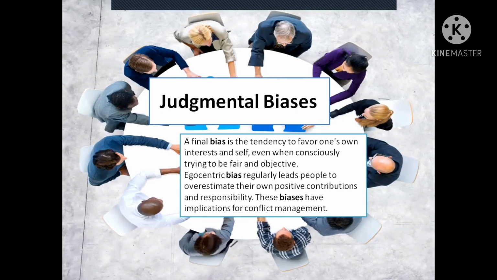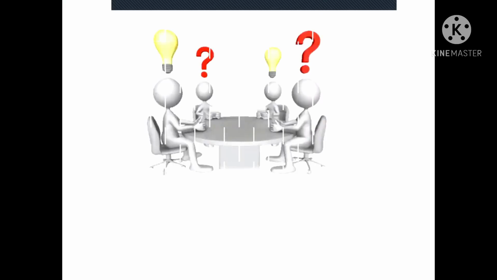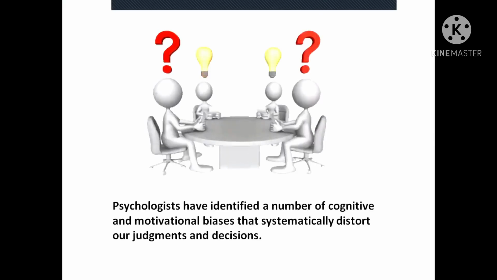Egocentric bias regularly leads people to overestimate their own positive contribution and responsibility. These biases have implications for conflict management. And then psychologists have identified a number of cognitive and motivational biases that systematically distort our judgment and our decisions.